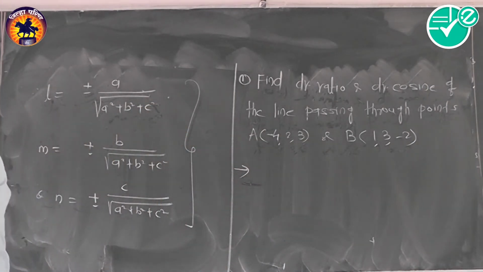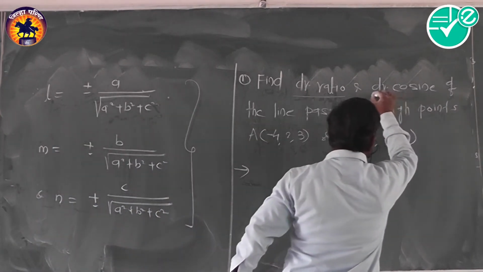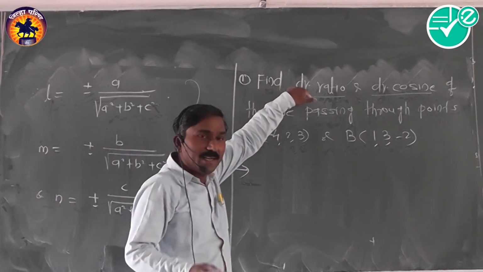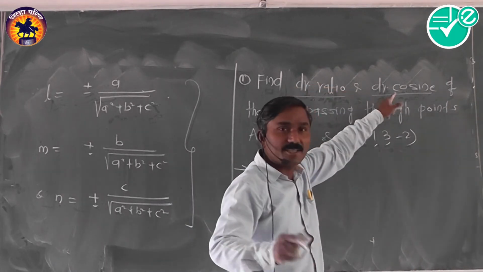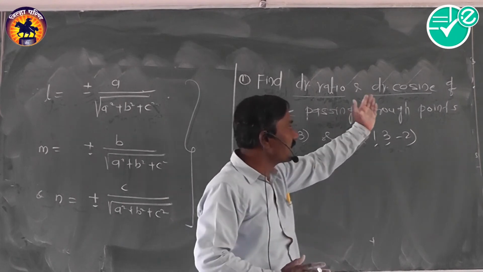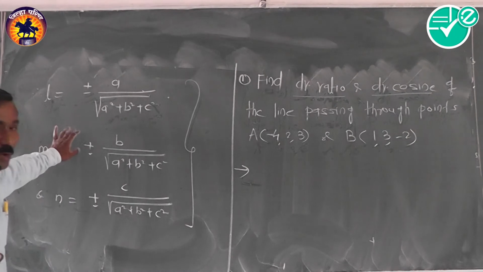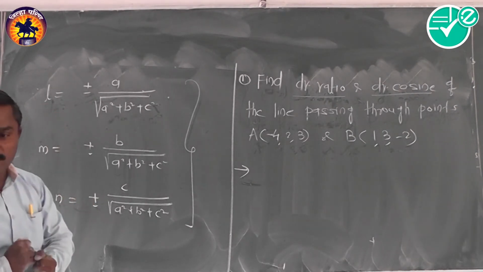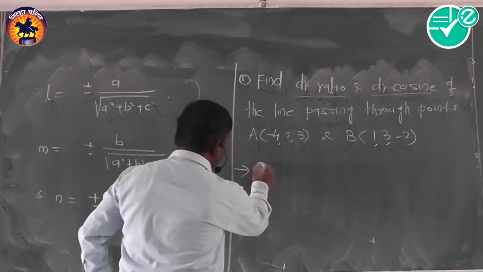Here we have to find two important things, direction ratio and direction cosine. First we have to find direction ratio. After that we have to find direction cosine. Without direction ratio we can't find direction cosine, because there is an important relation between direction ratio and direction cosine. Now we will solve it.